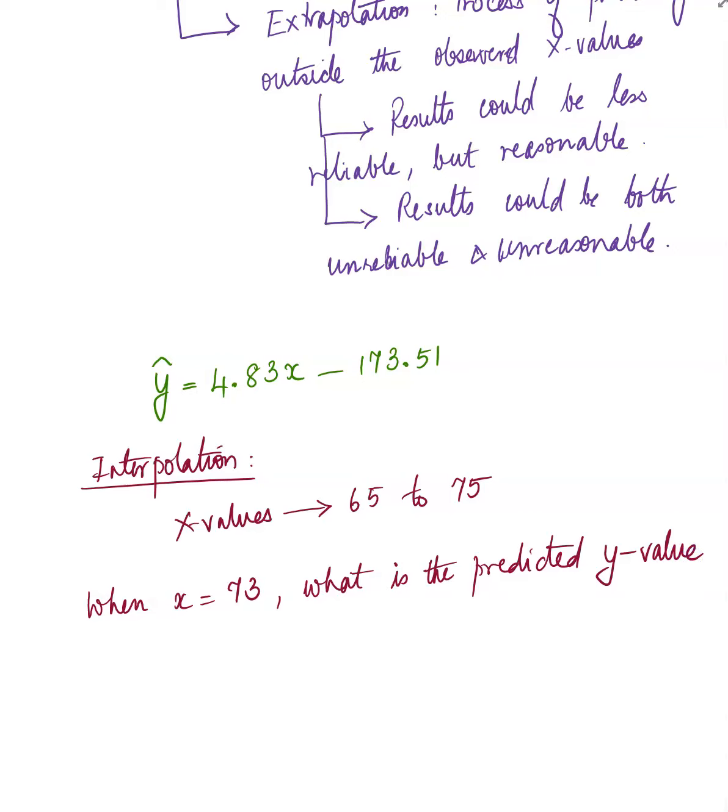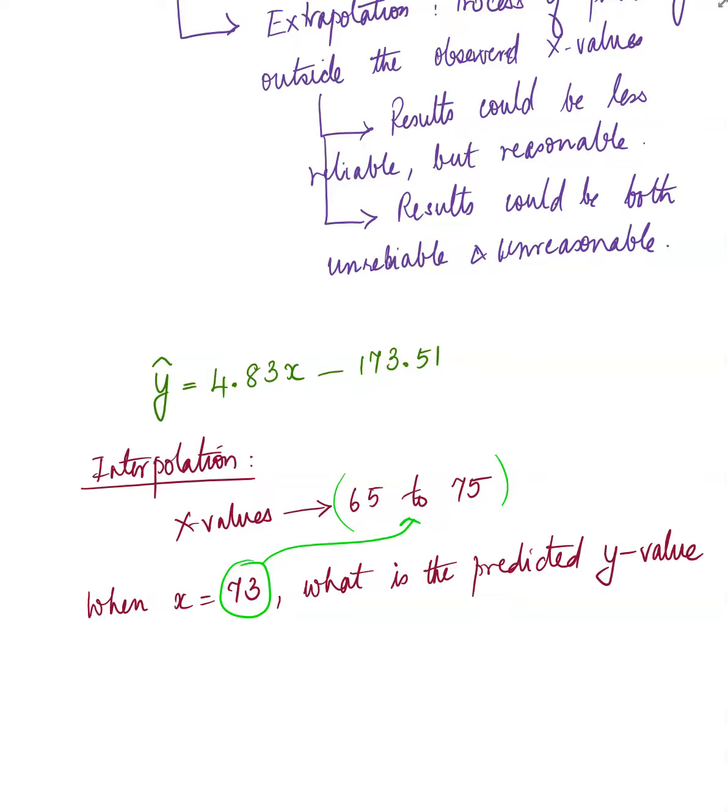Now, if you think about this, the 73 is within the x values, right? Therefore, it's interpolation, and therefore, it's reliable. It's going to be reliable because you're not going outside this scope. And 73 here is the x value, which stands for the third exam score, and you're using this third exam score to predict the final exam. Okay, that's what we're trying to do.